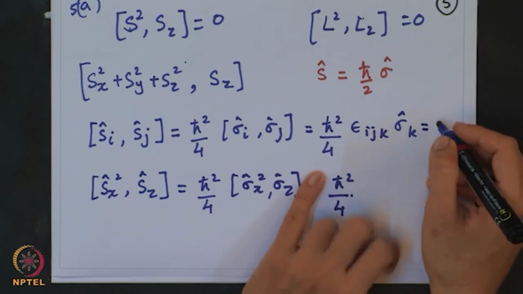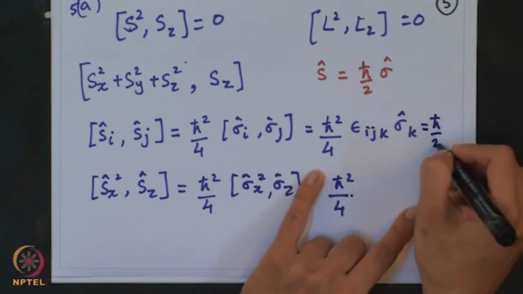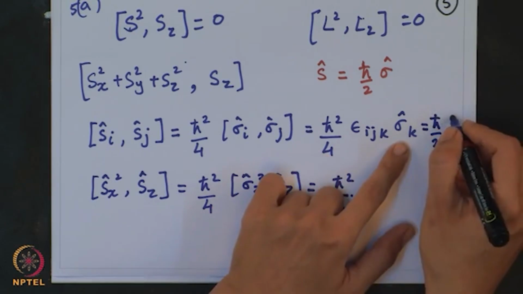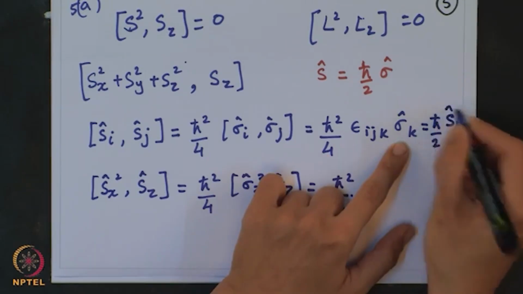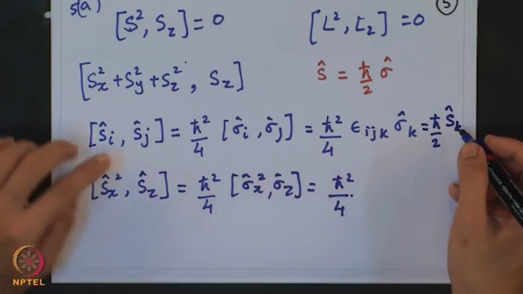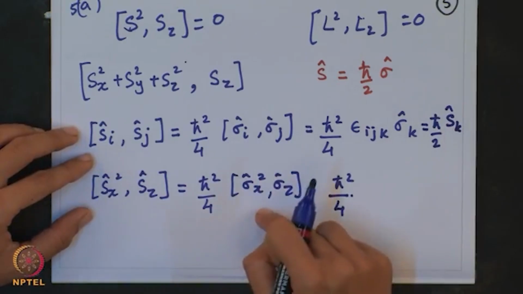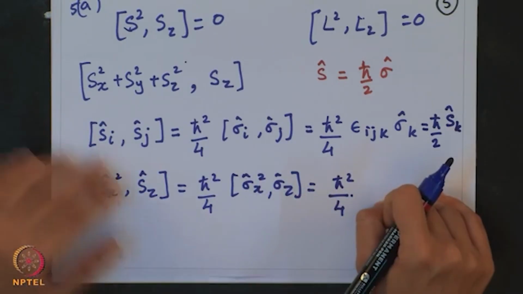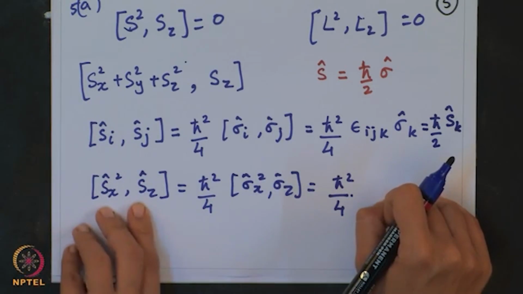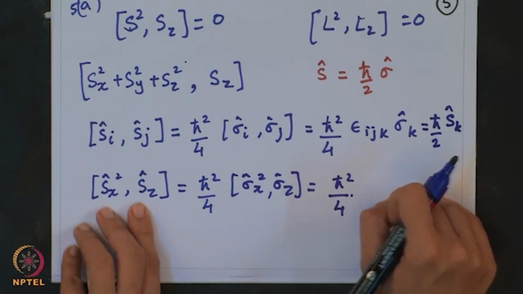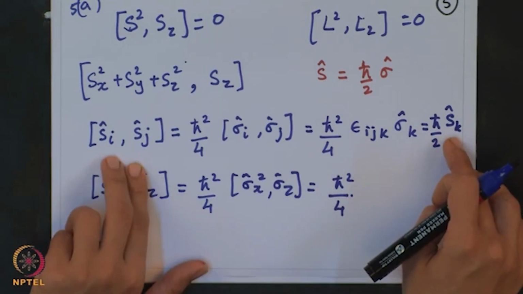I will just come back to this, you can rewrite again as this relation. So, either you substitute for this and check the result, or you keep these in terms of S notation if you know the commutator of S.